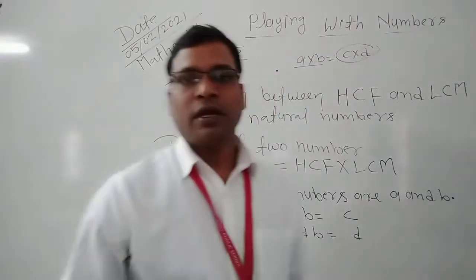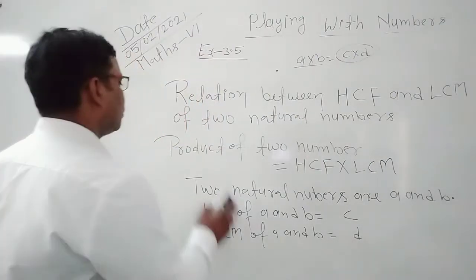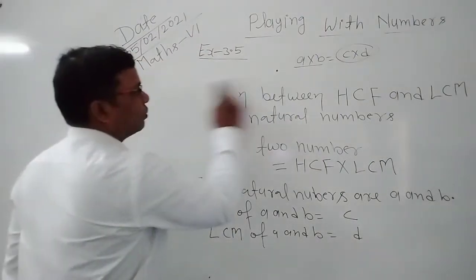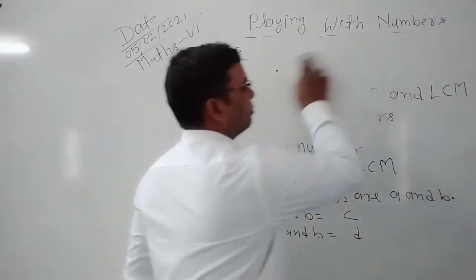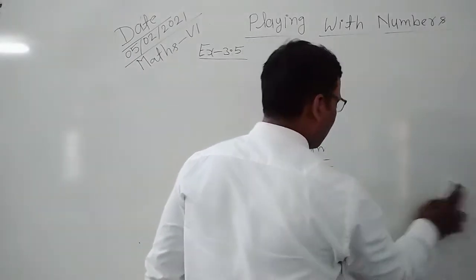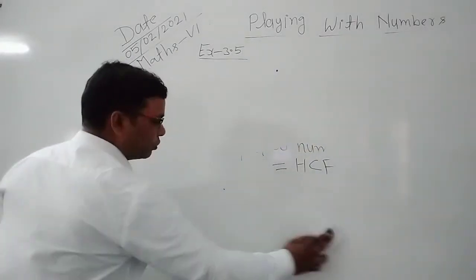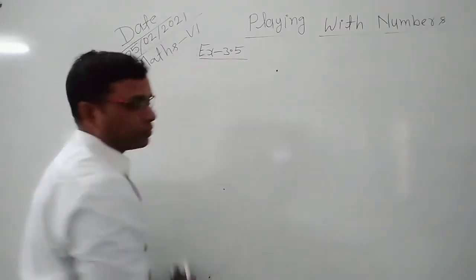Okay, so let's see how to solve this question. This is question number 5, and I hope all of you understood the relation between the numbers and the LCM and HCF of two numbers.